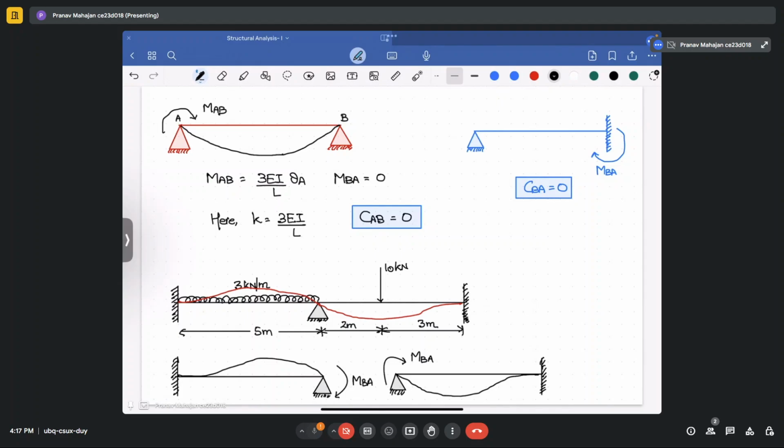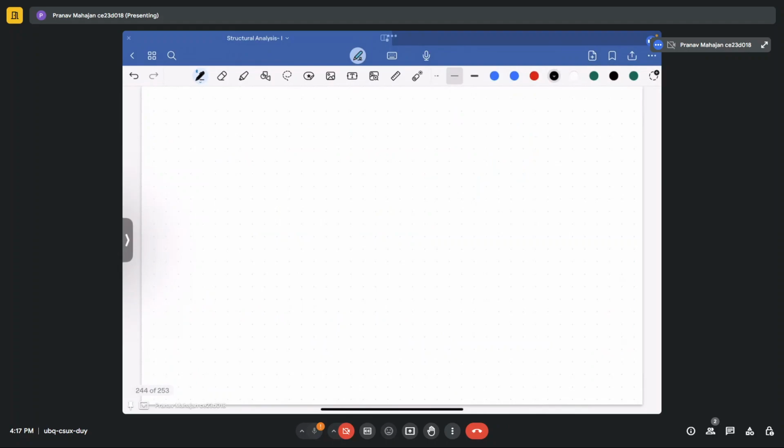So if we take the two spans, let me add a slide. If we take two spans here, KBA, since the far end is fixed, will be 4EI_BA upon L_BA, that will be equal to 4EI upon 5.